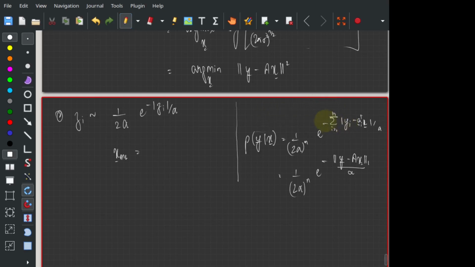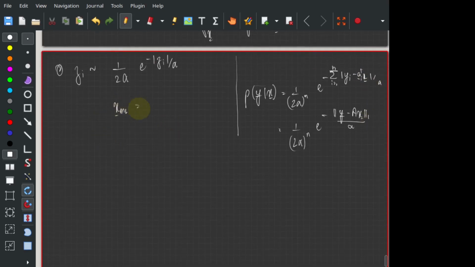And basically, you get this summation because it's a product of conditional distributions. So this is in fact the product i going from 1 through n of 1 over 2 alpha, e raised to minus absolute value of yi minus ai transpose x divided by alpha.